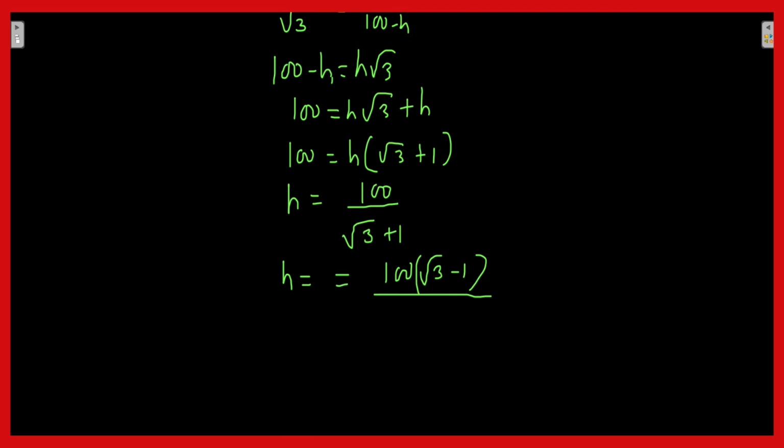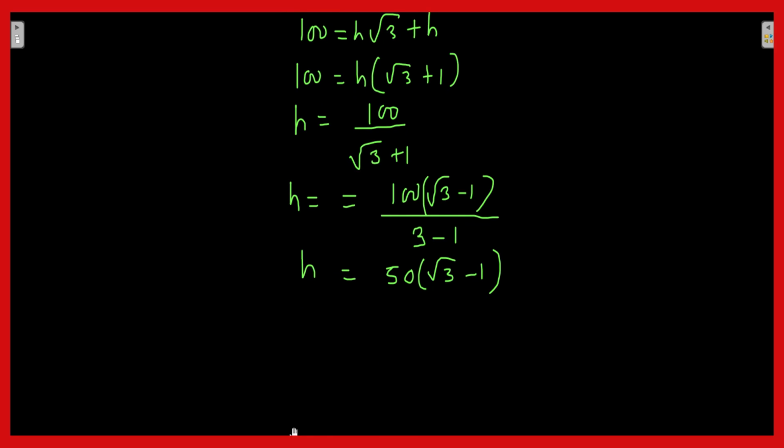Root 3 plus 1 into root 3 minus 1 is of the form a plus b into a minus b, that is a square minus b square. So a square, that is root 3 square, is 3, and minus b square, that is 1 square, will be 1. So h is equal to 100 upon 2, that is 50 into bracket root 3 minus 1.